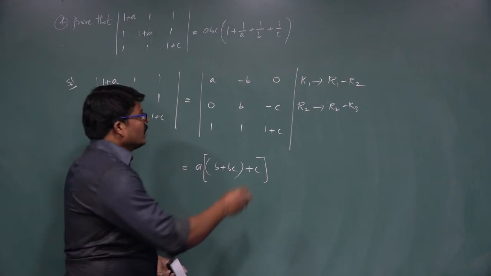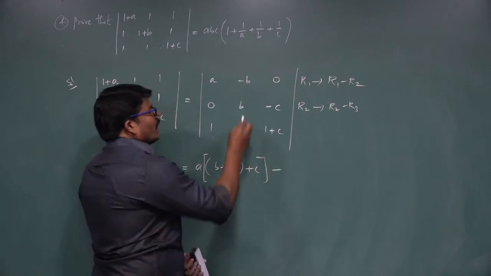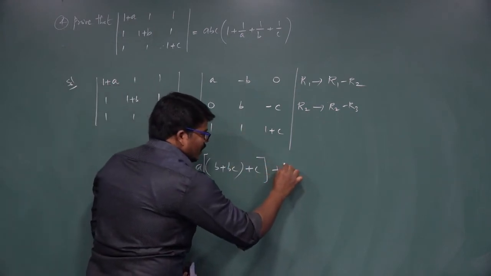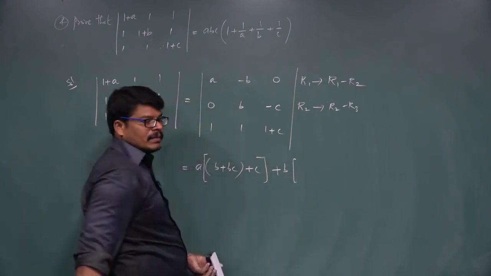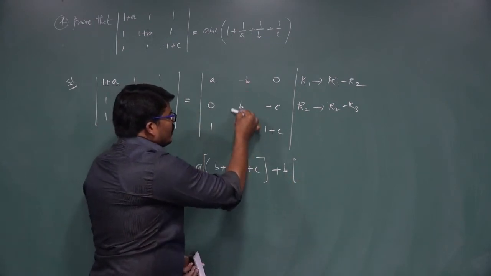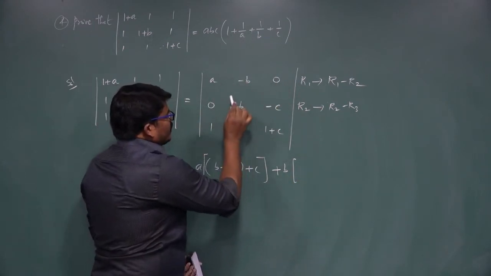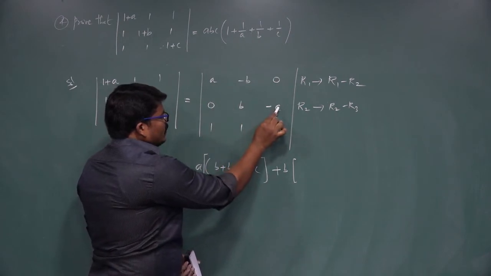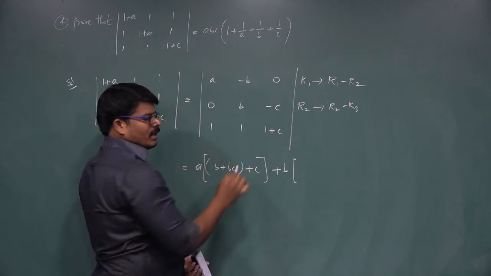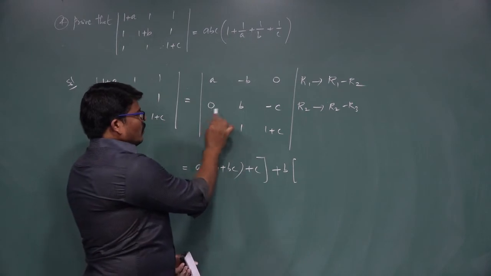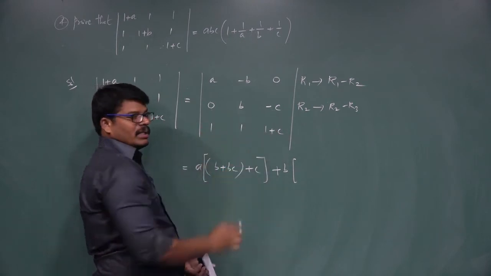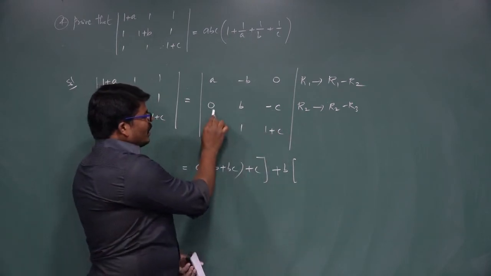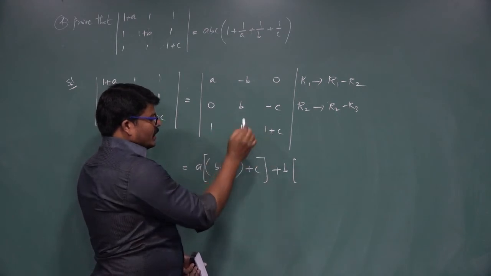The next one, the formula is minus. Already the element is minus, minus into minus B. Taking the element minus B, the column and the row are eliminated, getting the minor matrix 0, minus C, 1, 1 plus C. Now multiply the diagonal. 0 into 1 plus C is 0.